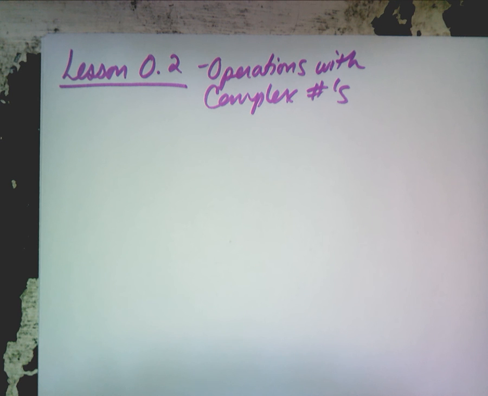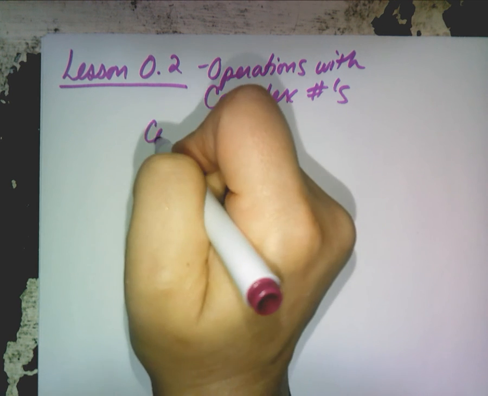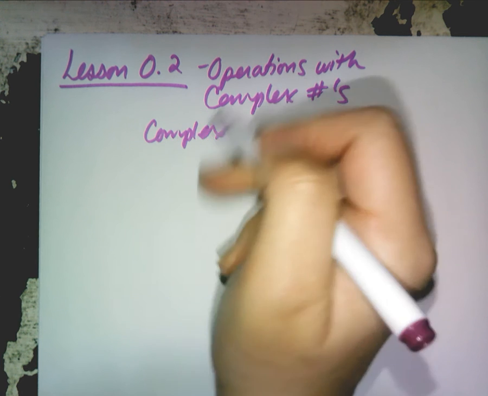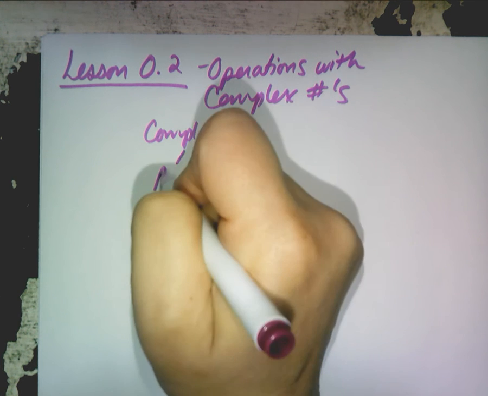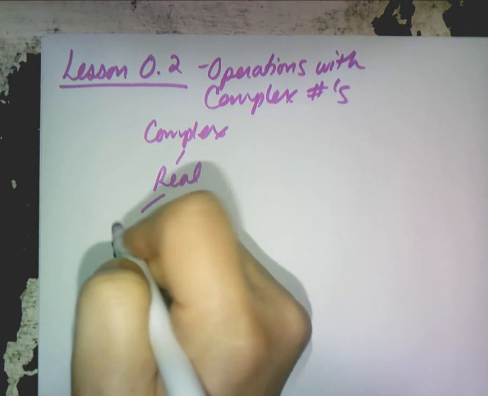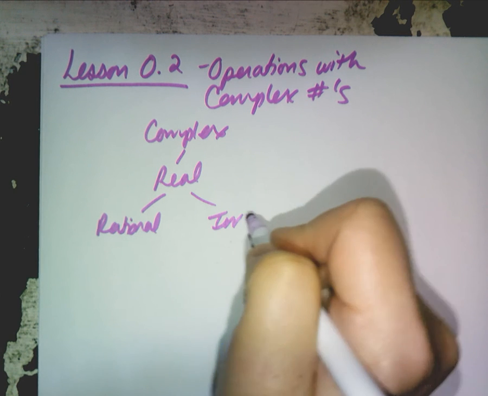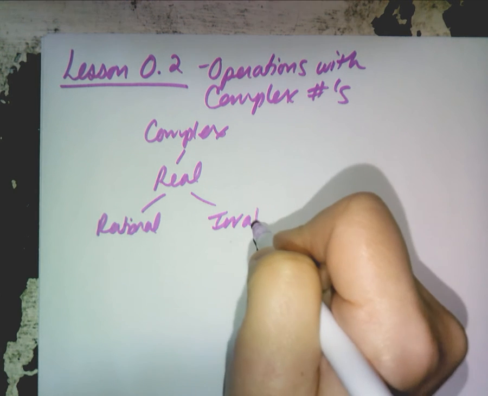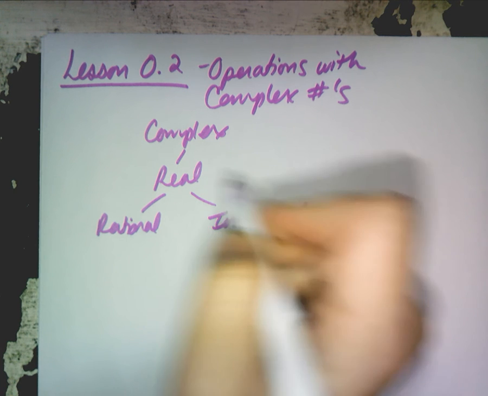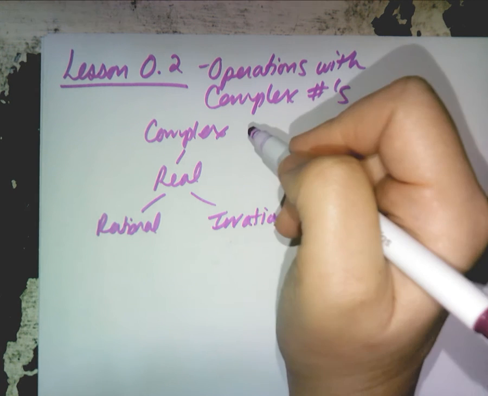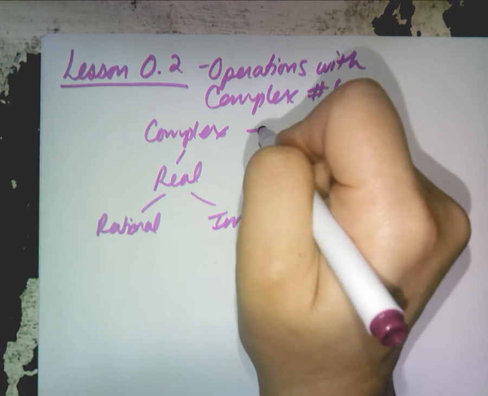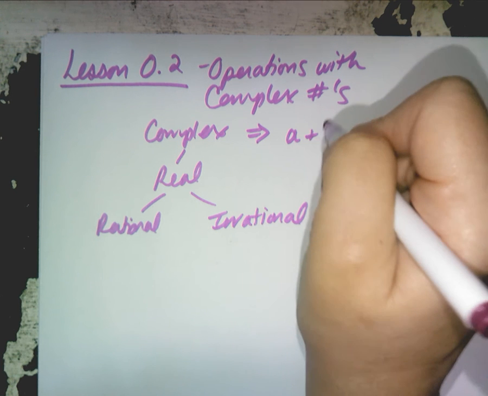Complex numbers, if you don't remember what complex numbers are: you have complex numbers which can become real numbers, and then the real number system is split into what's known as rational and irrational. But a complex number is in the form of a plus bi.